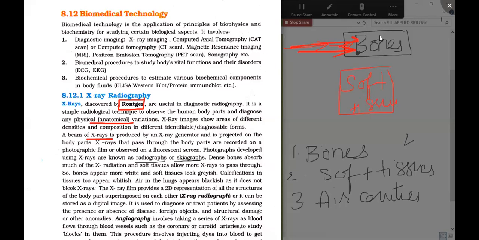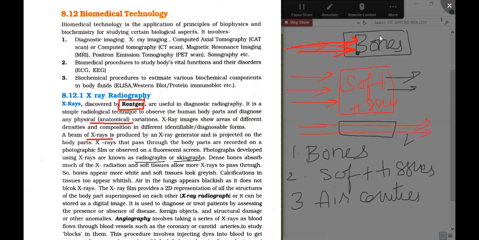The X-rays are passing through them, and a little bit will come out. Next, the air cavity. When X-rays are passing through the air cavity, they freely come out from the air cavity.